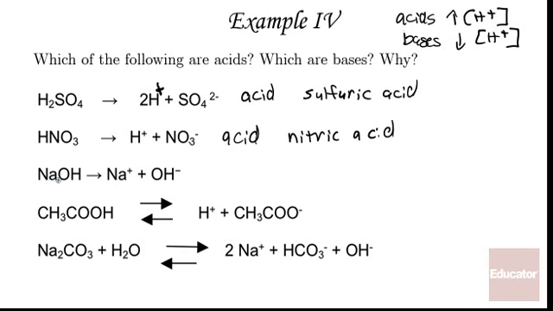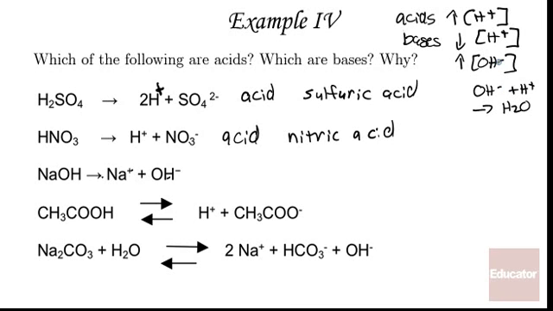Okay, here we have NaOH dissociating to form Na+ and OH-. Recall that another way to look at bases is that they increase the concentration of hydroxide ions. And then the hydroxide ions bind to hydrogen ions to form water, and that in turn decreases the hydrogen ion concentration.